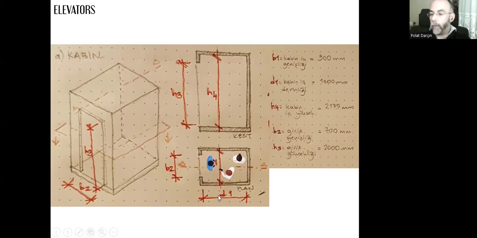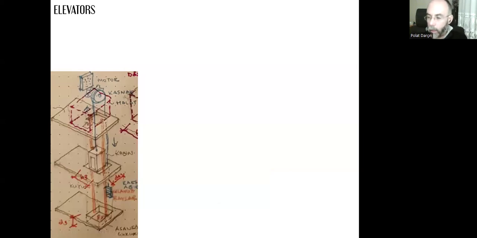And then we need to have a bigger gap according to the type of the elevator. If it's the counterweight, then this gap will also serve for the cabin, for that cable and the side rails and the counterweights and everything.